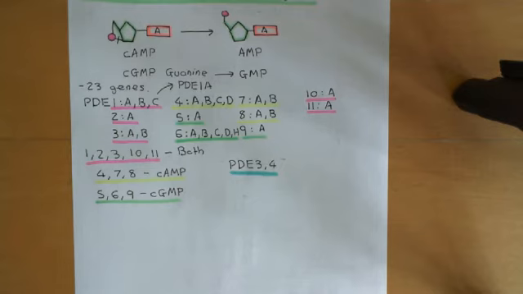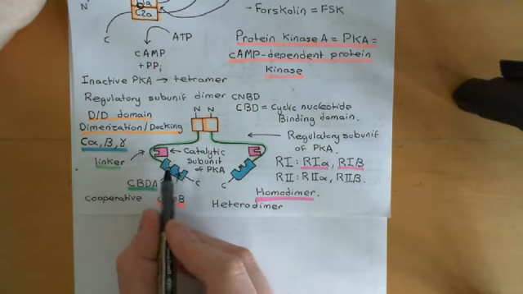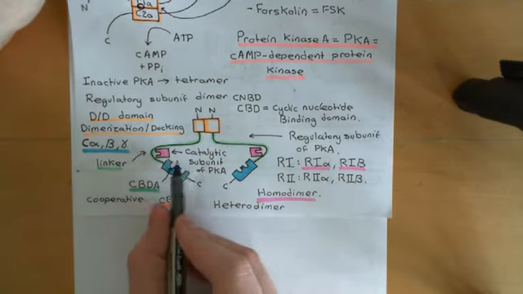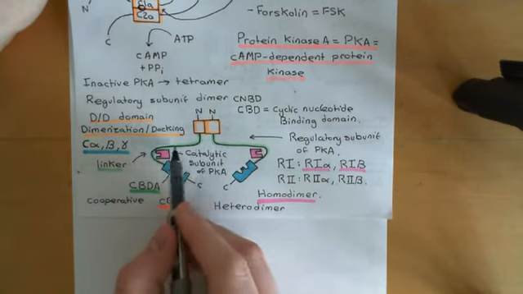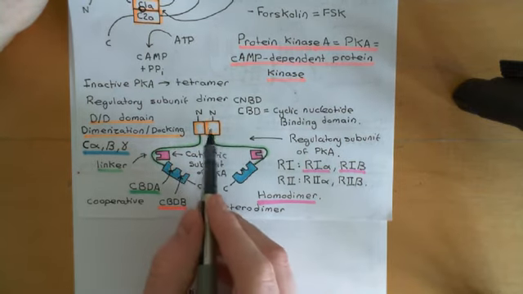And that means that we are now going to be inactivating our protein kinase A enzymes, because now our protein kinase A enzymes are going to lose the cyclic AMP molecules from their cyclic nucleotide binding domains. So cyclic AMP is going to come out here. The regulatory subunits will return back to being in this inactive state.